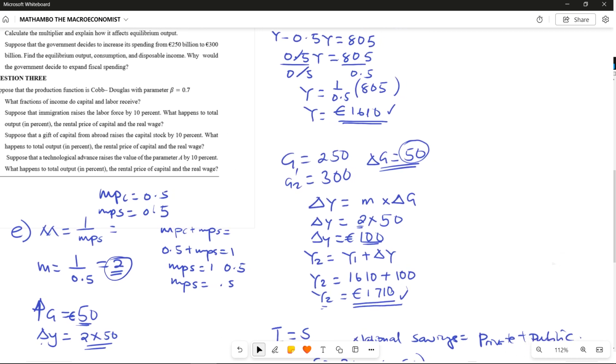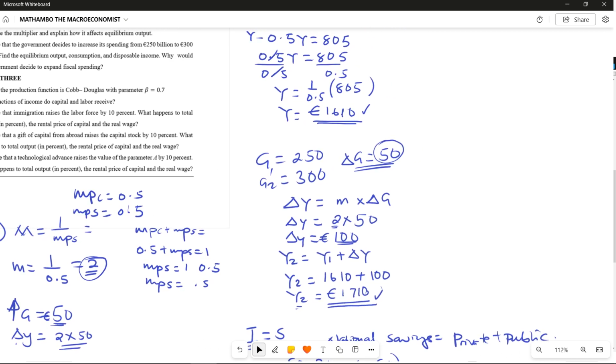The other part is talking about consumption. Remember that our consumption has been given as 480 plus 0.5 Yd. So our consumption will be 480 plus 0.5 times Y, and our Y is now 1710, not 1610, minus the taxes.